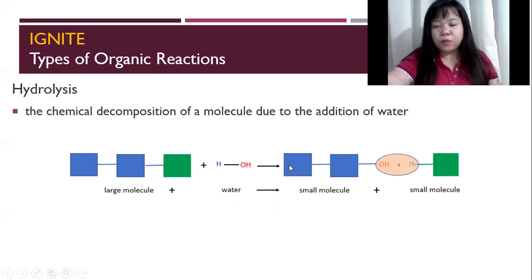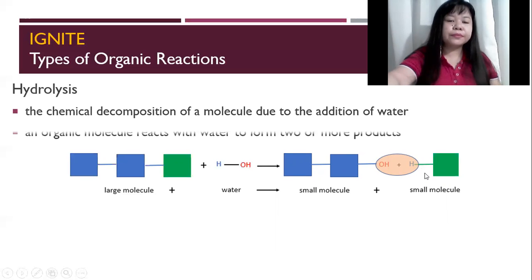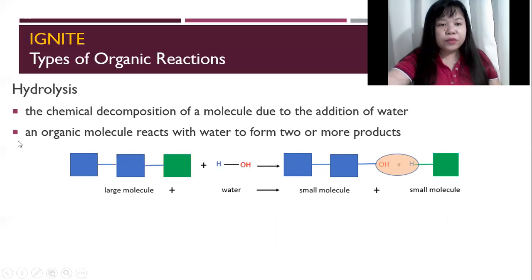So the one small molecule would have an OH attached to it. Another small molecule would take the hydrogen part of water. So there. So this is when an organic molecule reacts with water to form two or more products. So in a way, you can say that water has split or has caused lysis to the molecule.